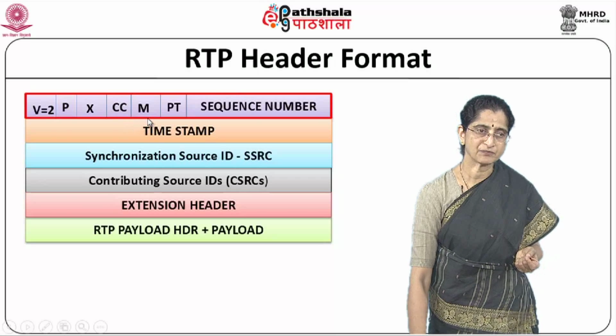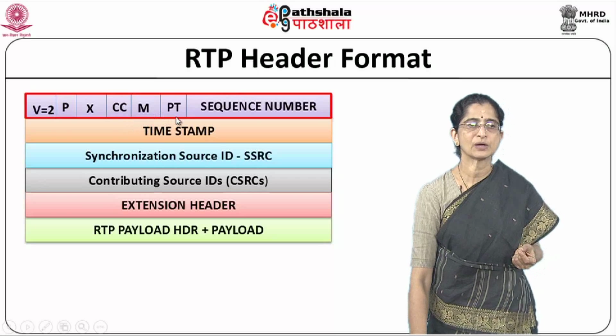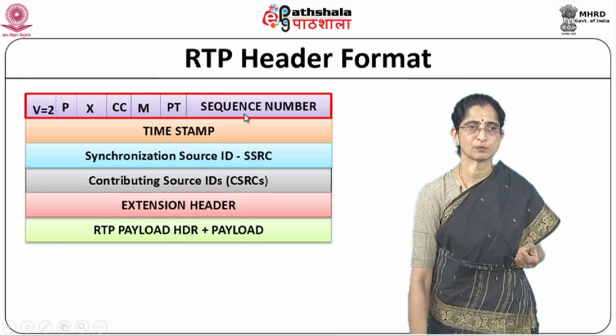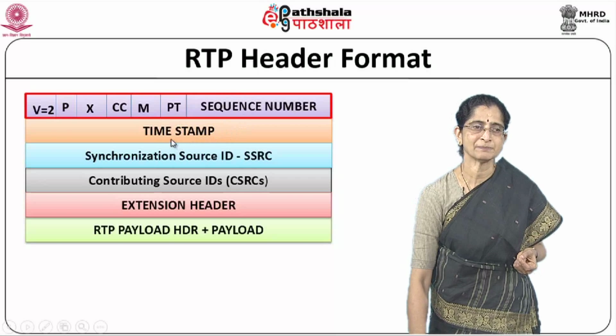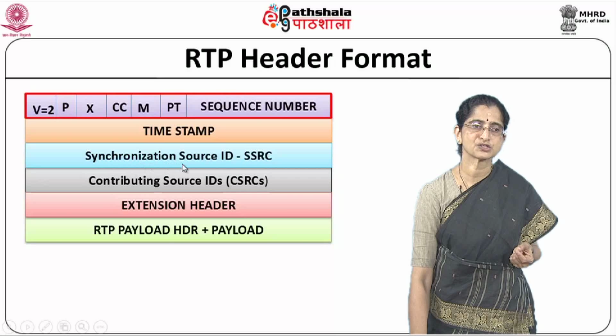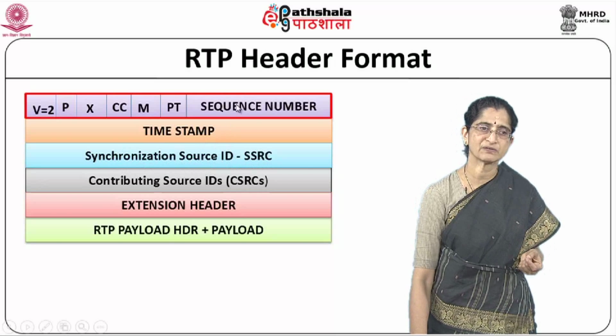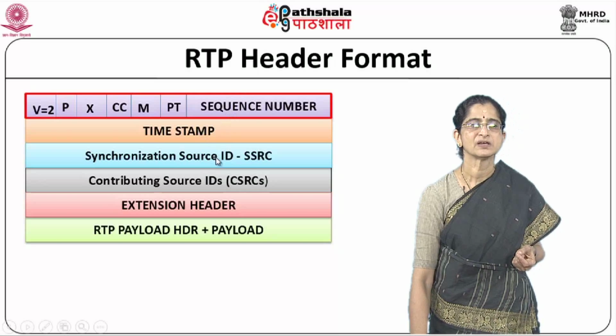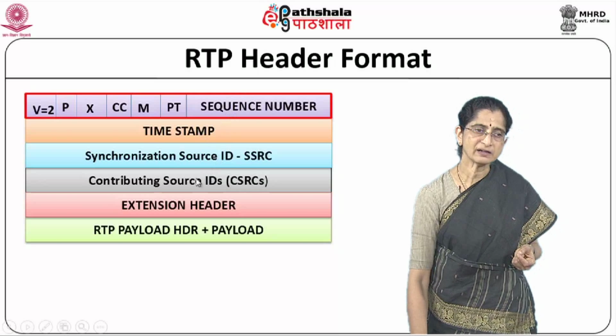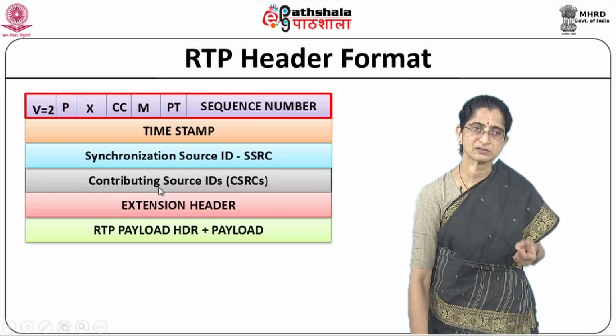Then you have an M field which is a marker bit, then you have a payload type field, then we have sequence numbers. You can see there is a timestamp, and a synchronization source ID, SSRC, which is basically the source ID that we talked about. So, we have a sequence number, we have timestamp, we have source ID. And you have what is called the contributing source ID.